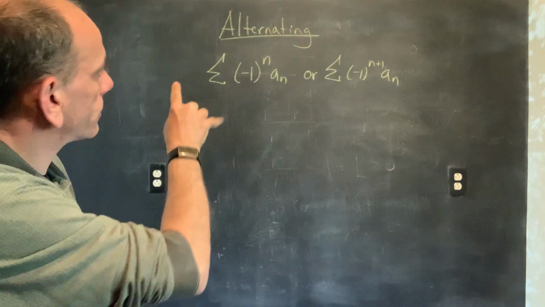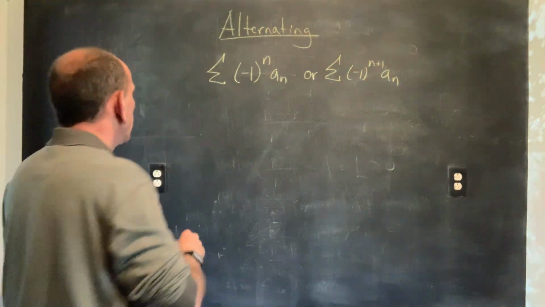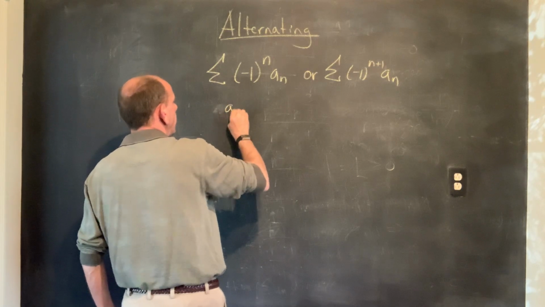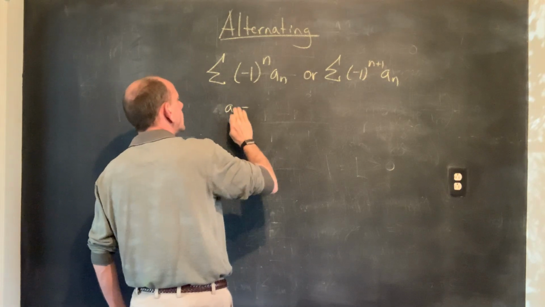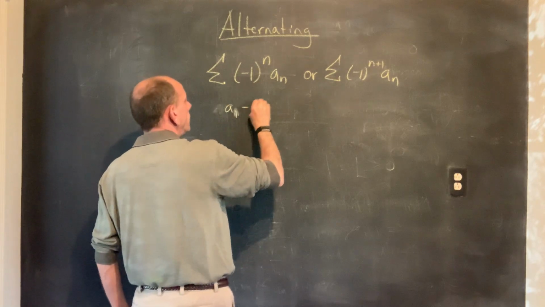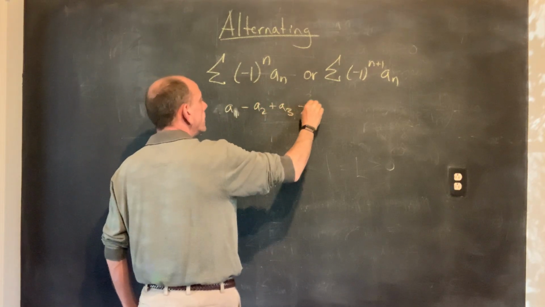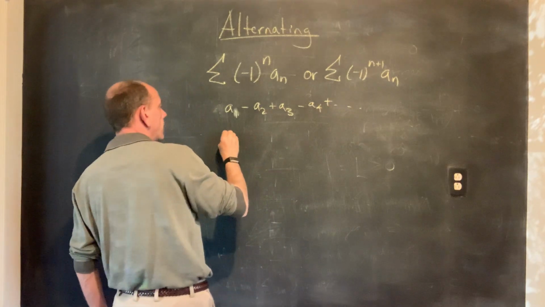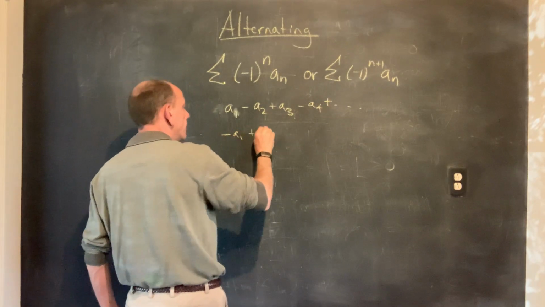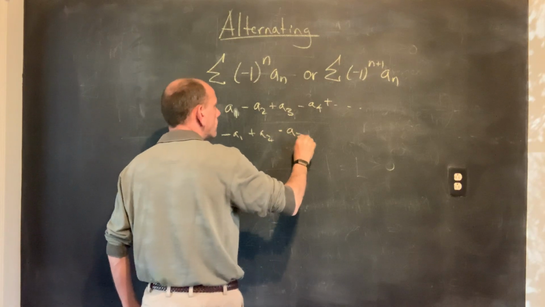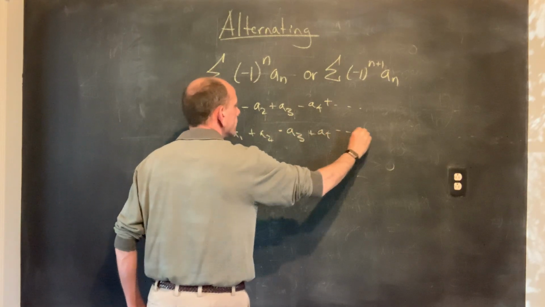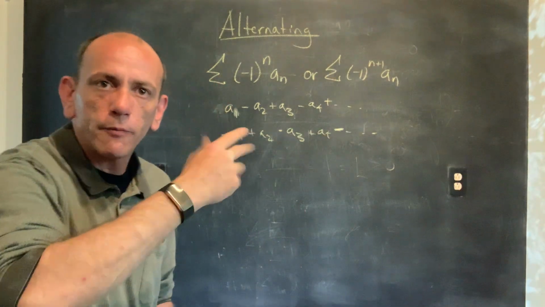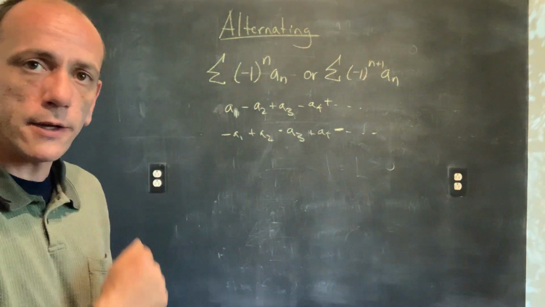It doesn't matter whether it starts negative and goes plus. Let's say a sub 1 minus a sub 2 plus a sub 3 minus a sub 4, and so on. Or if it goes negative a sub 1 plus a sub 2 minus a sub 3 plus a sub 4 and so on, right? It doesn't matter. What matters is that they're flip-flopping back and forth. They're alternating signs.